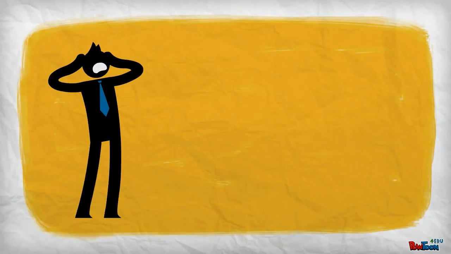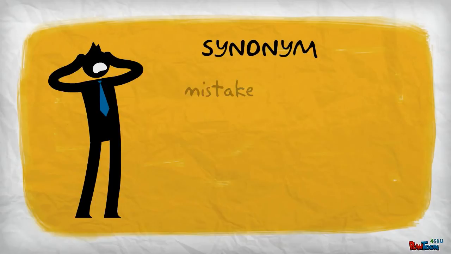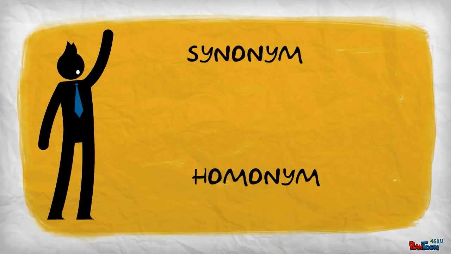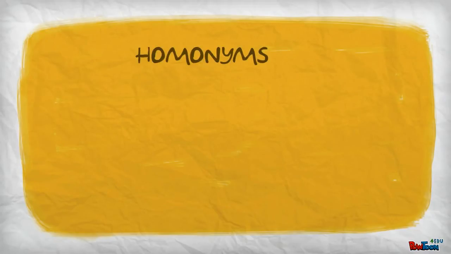Time for some more. If syn, S-Y-N, means same, what do you think synonym means? Yeah, it's a word that means the same or close to the same as another word. Like mistake can mean the same as error. But don't confuse it with homonym, because although hom means one and the same, a homonym is a word that sounds the same as another word, but has a different meaning.